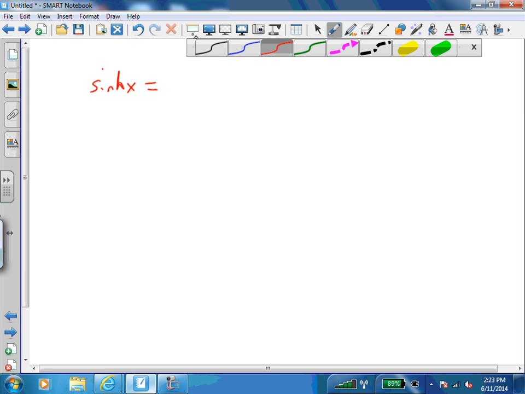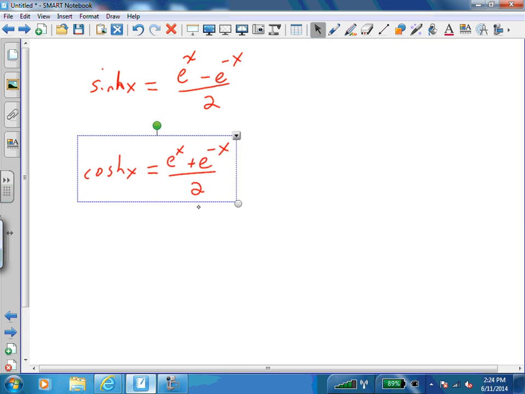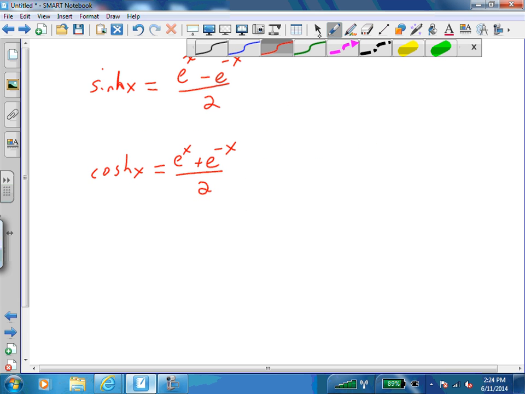Okay, cinch. And it's defined by e to the x minus e to the negative x over 2. Hyperbolic cosine is e to the x plus e to the negative x over 2. And the other 4 hyperbolic functions are just related to those.